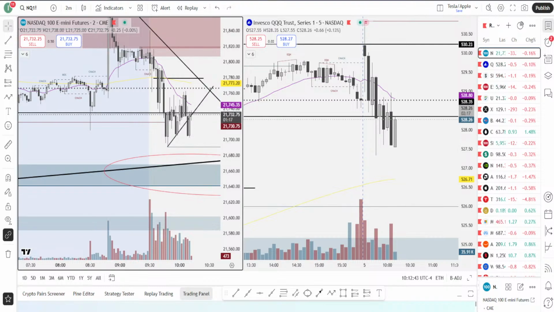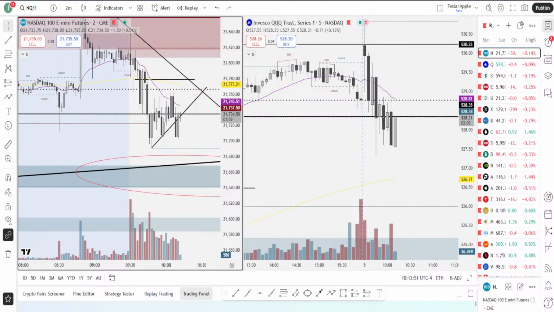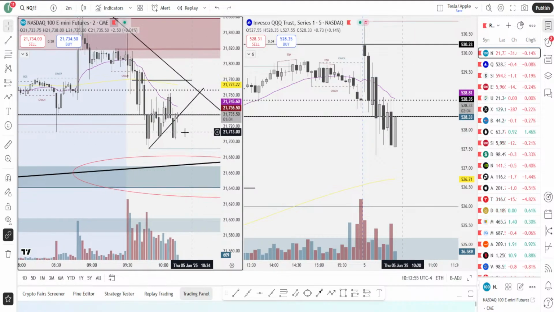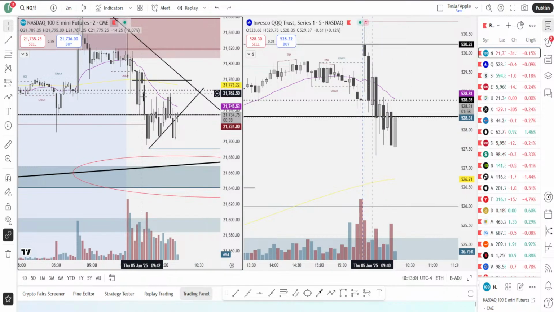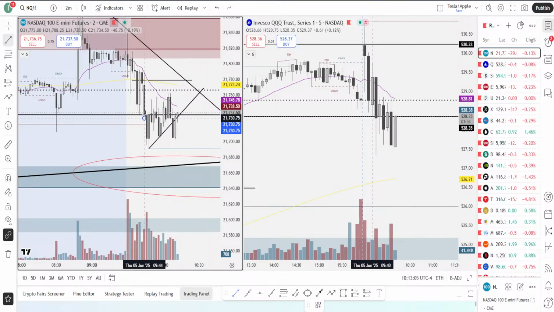Market looks bullish, but it's bearish conditions. We're getting a little bit of mixed price action down here. We started off with very strong sellers in the market, and now we're getting a bit of a range here.